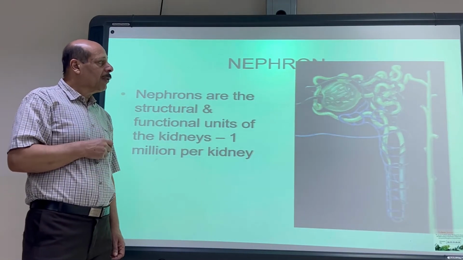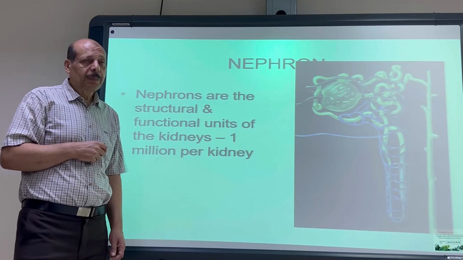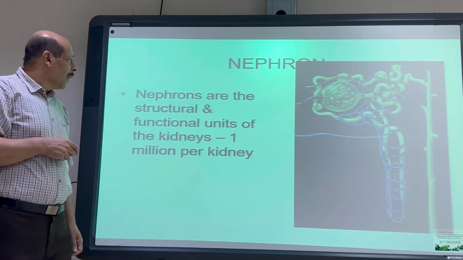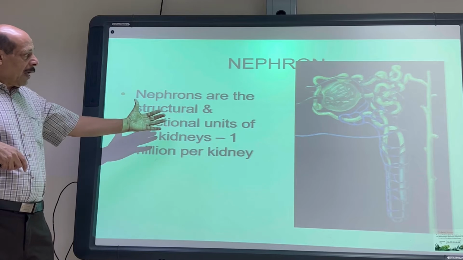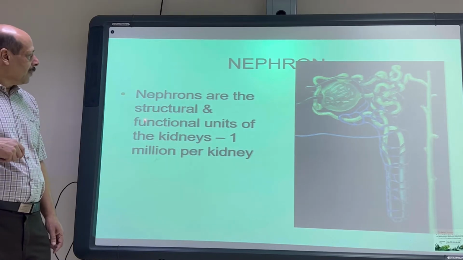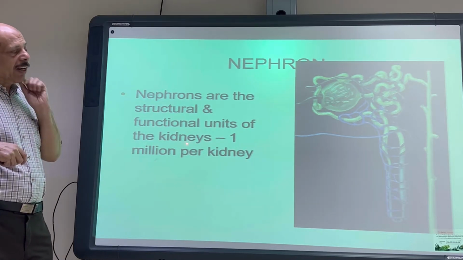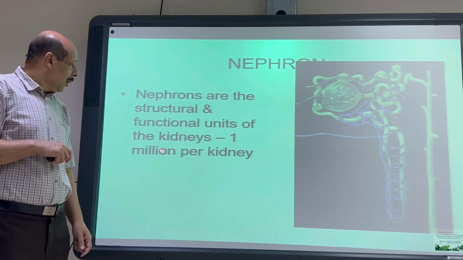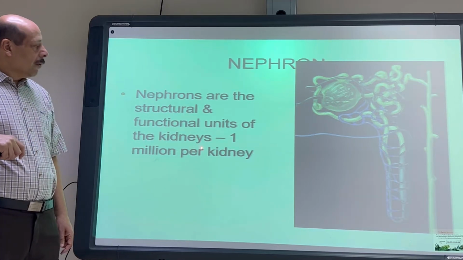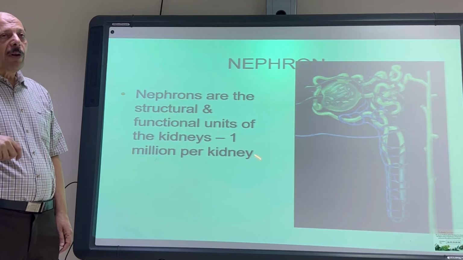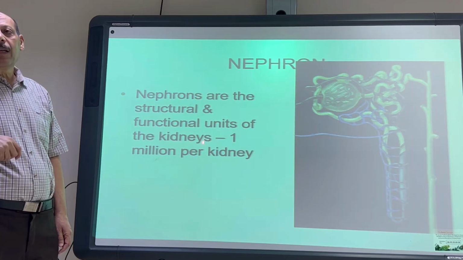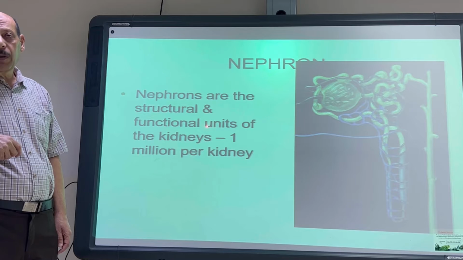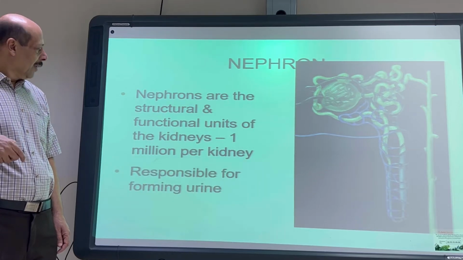Now, about the nephron. The nephron, as we said, is the structural and functional unit of the kidney. There are millions of nephrons, about 1 million in each kidney. It might be more than that.